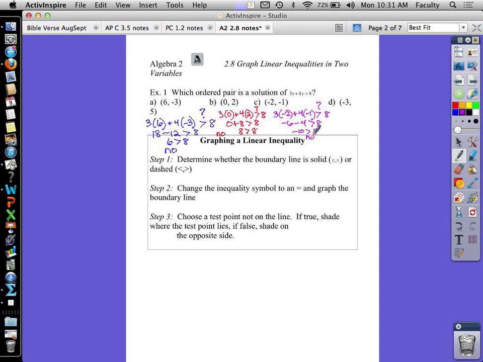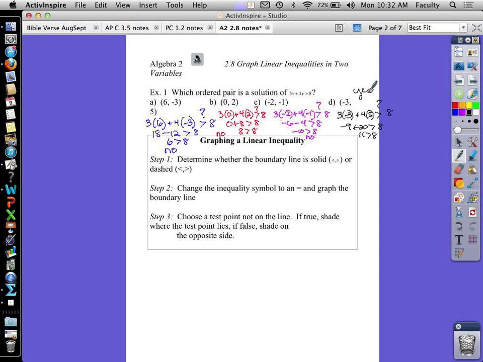Definitely no. And then we get 11 is greater than 8. Yes. Okay. Any questions on example 1?